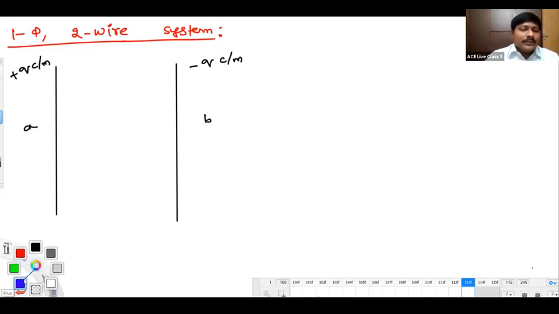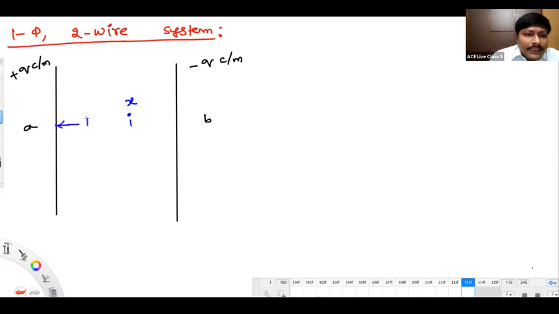Okay, listen. I am standing at some point X here, between the two line charges. That point X where we are standing is at a distance of dA from the line charge A, and from B it is at a distance of dB.